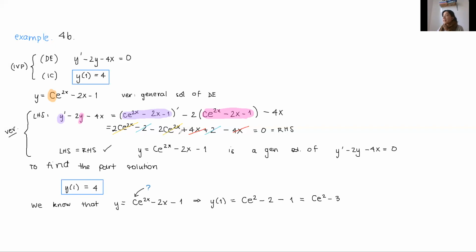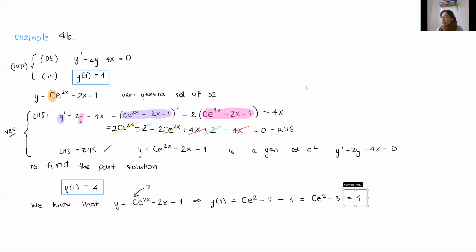So this is by plugging into the function that we already know y has to look like. But now I know that because of this equation over here, this has to be equal to 4. Right? So this comes from the equation that I already found for y.